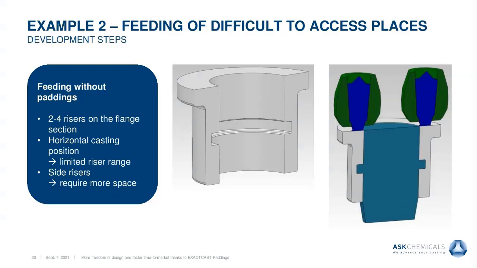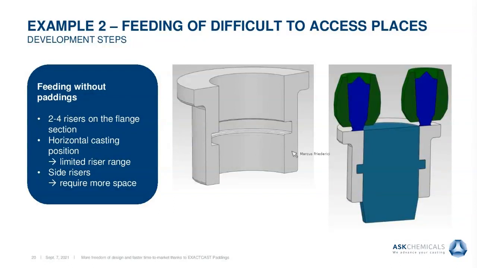So the standard way of doing that is to place 2 to 4 risers. We decided here for 2. In that way, we will have this upwards casting position to save space in the molding box, because if we turn it 90 degrees around, we will need a lot more space, and we also have a limited riser range of the side risers we would use in that case.